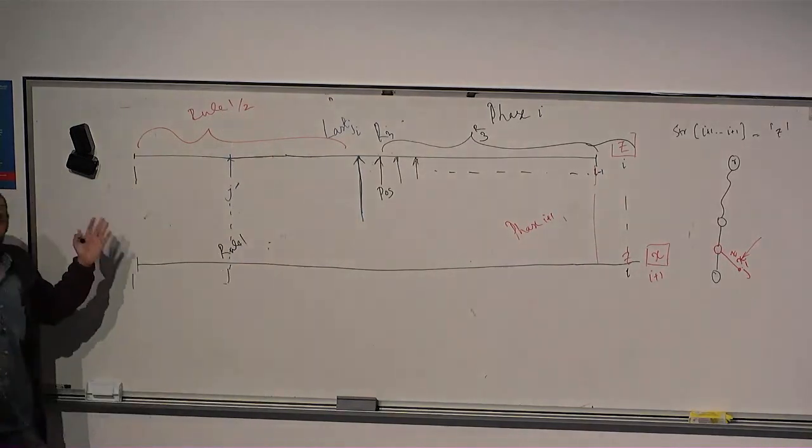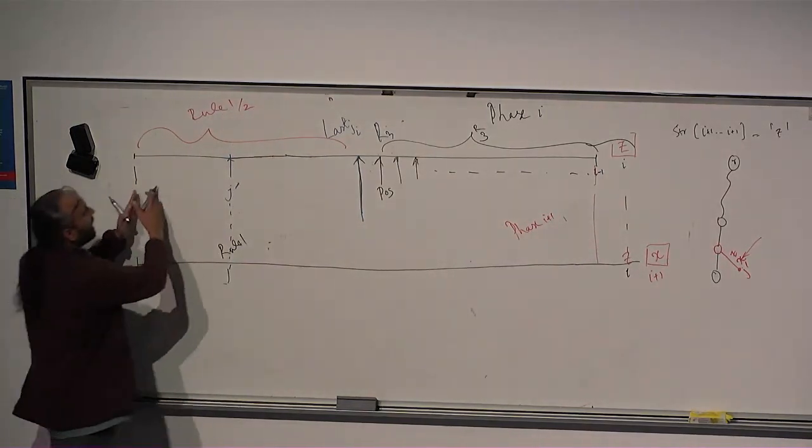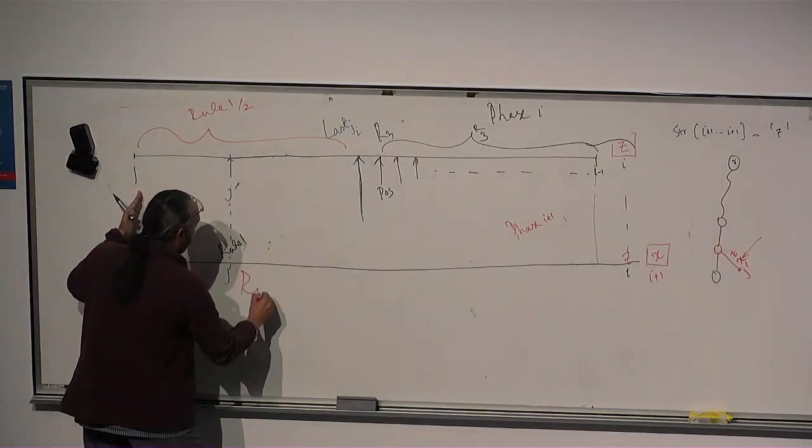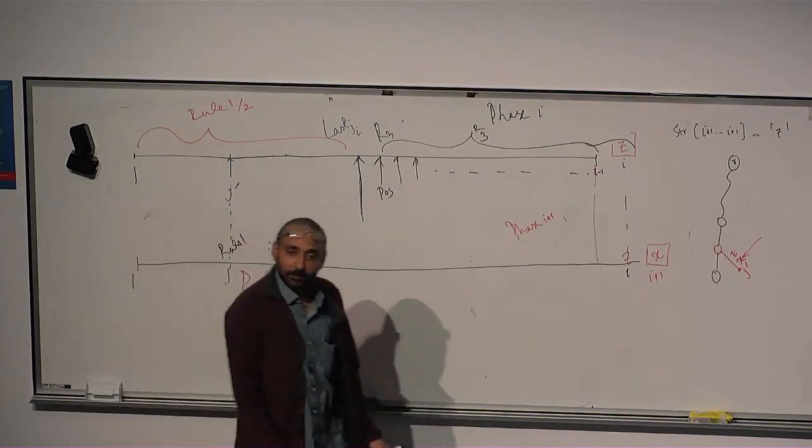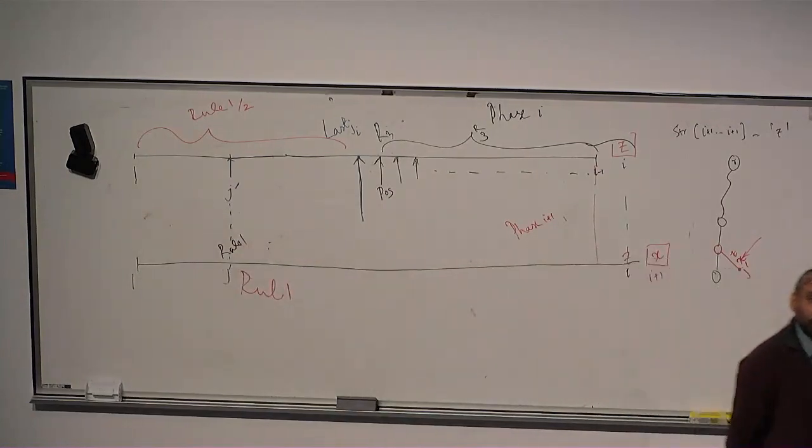in the previous phase. All these become rule 1 in the next phase. They're all leaf extensions.